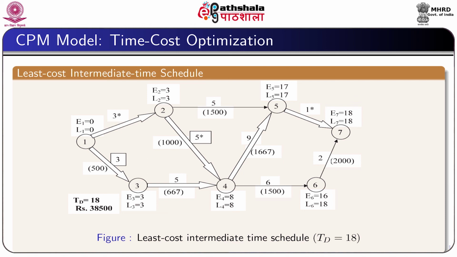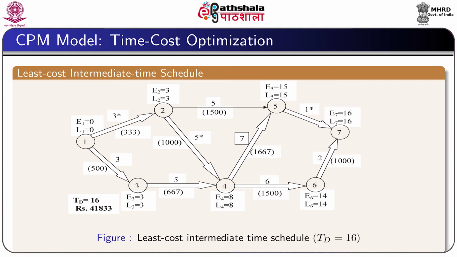Now, we can further proceed to reduce the project duration by 2 units, that is, when the project duration is 18 weeks, the total cost becomes 38,500.